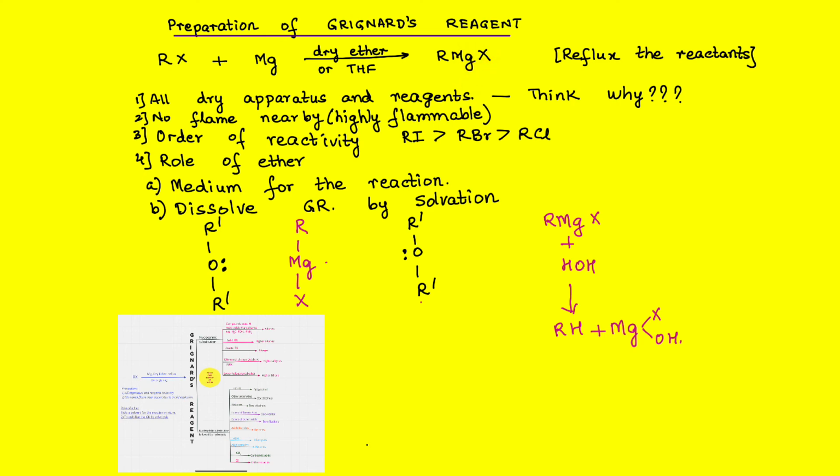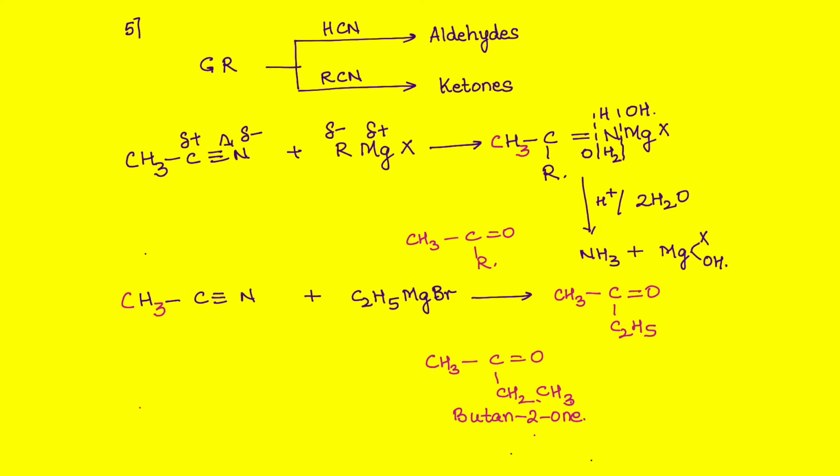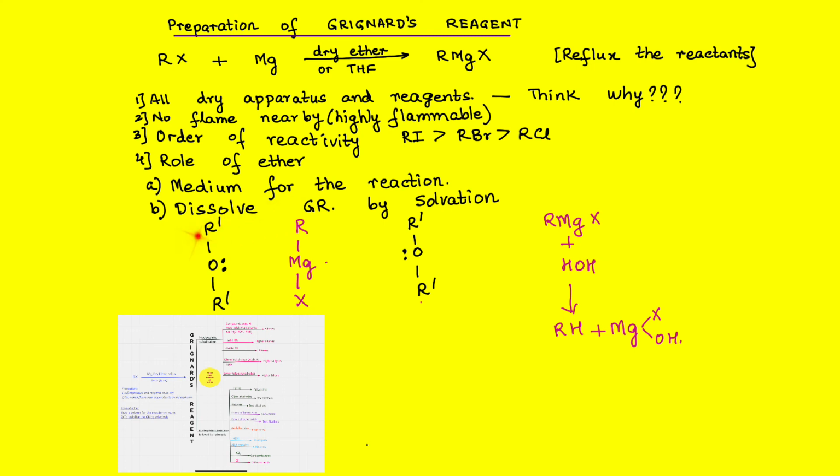And whatever reaction we want to carry out, we just add those reactants to the flask containing the Grignard's reagent dissolved in ether. So if you notice, my ether is serving as a medium for the reaction. It is a solvent for the reactants.